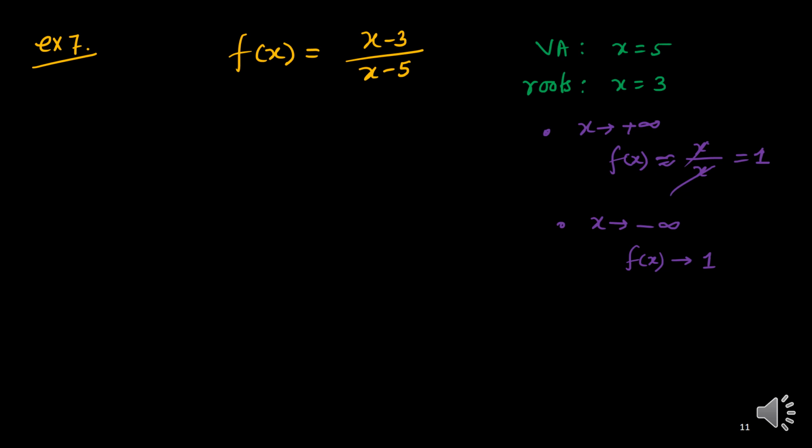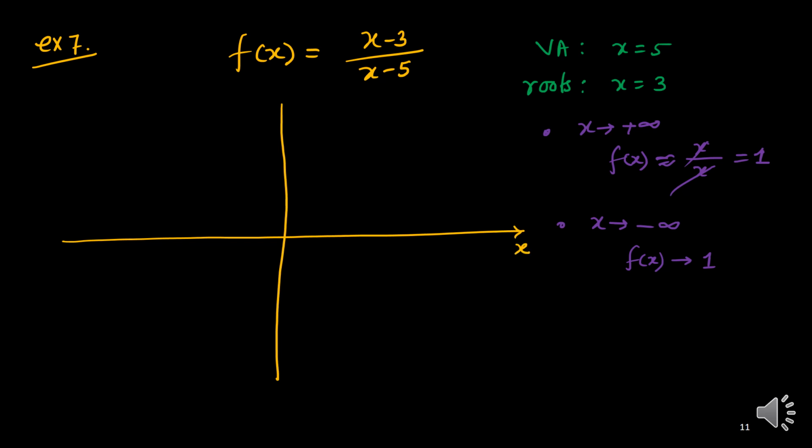Okay, now how can I draw this one? So this is your y-axis, this is your x-axis. So first the point I'll choose, this is your 3, this is your 5, and I have one vertical axis that is at x equals to 5.